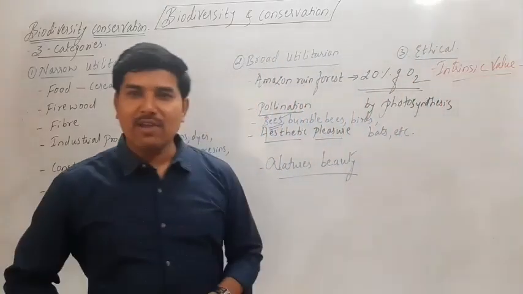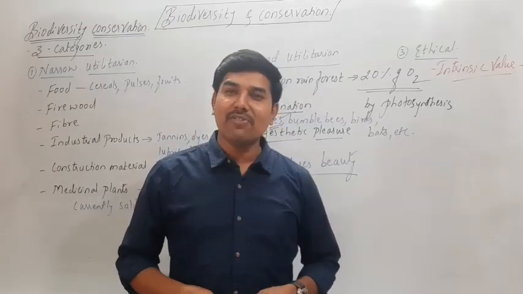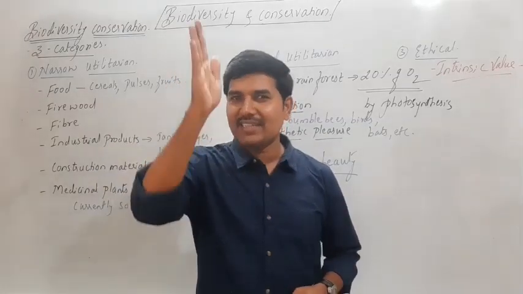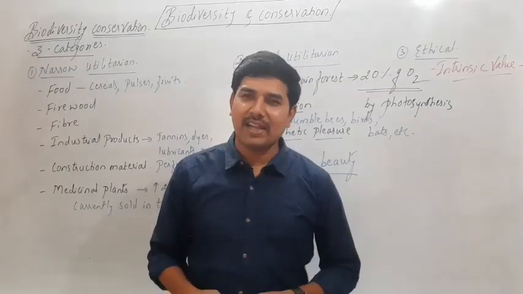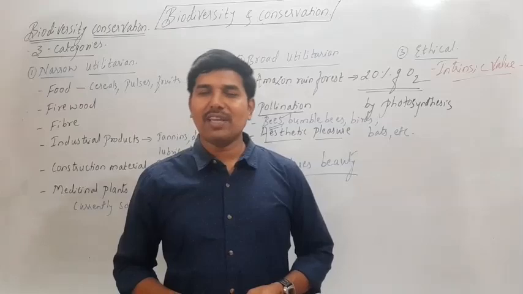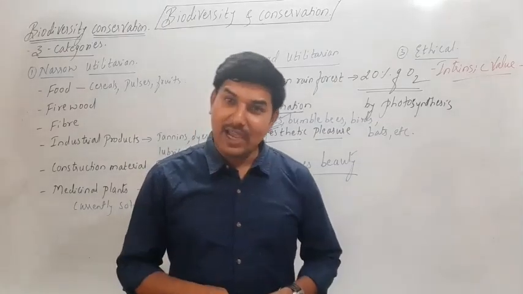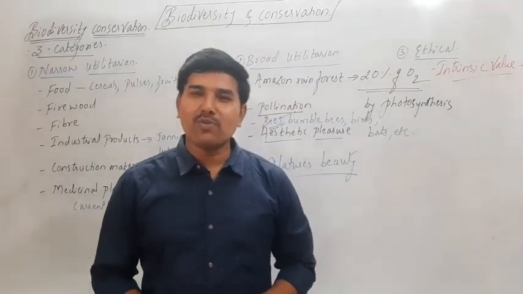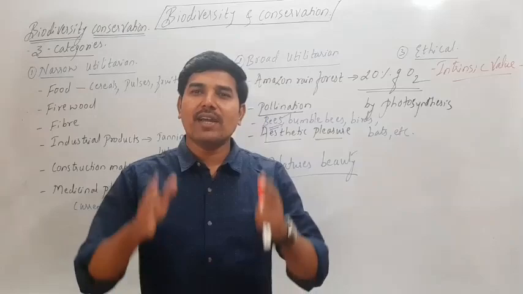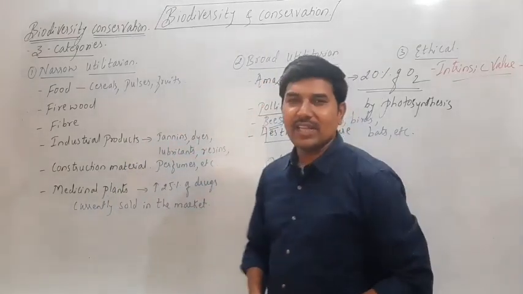Due to this intrinsic value, each and every species has the right to survive, and as they are sharing our planet Earth, they have equal rights to survive on our planet. So as a result, due to these ethical reasons, we have to save, conserve and preserve our nature. This is regarding biodiversity conservation.